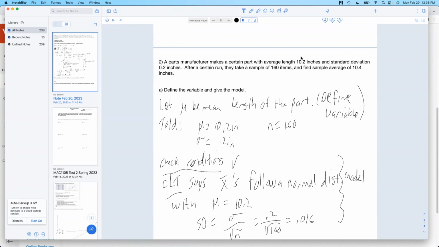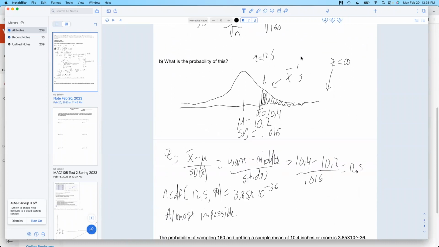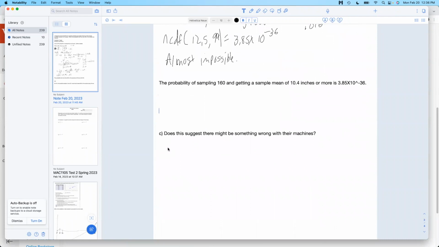We just happened by chance to grab a whole bunch of big ones off the conveyor belt. It's possible, but it's very, very unlikely. The more likely explanation is something's wrong with our machine. It's making these bigger than they should be. So I would say yes.